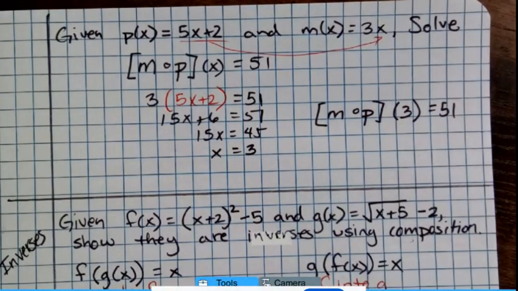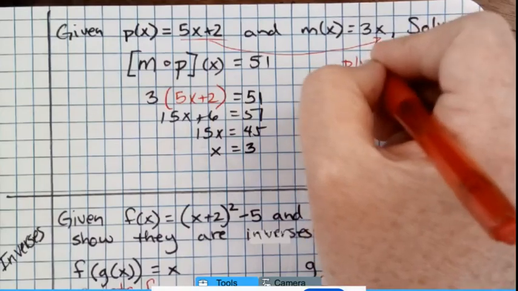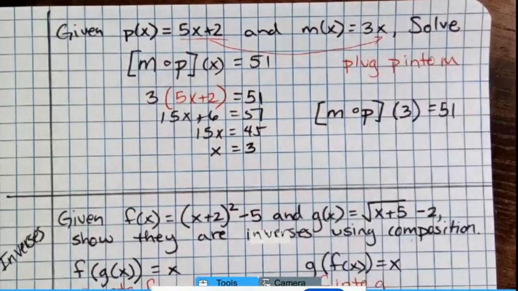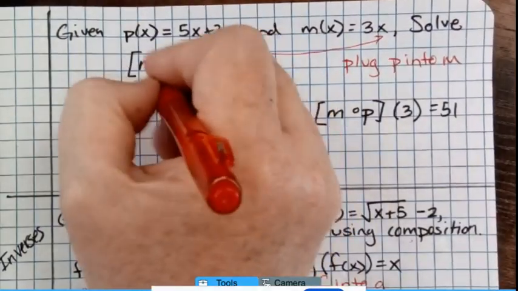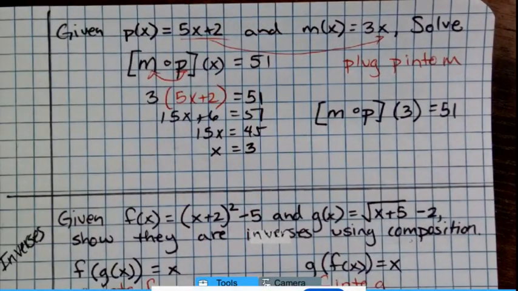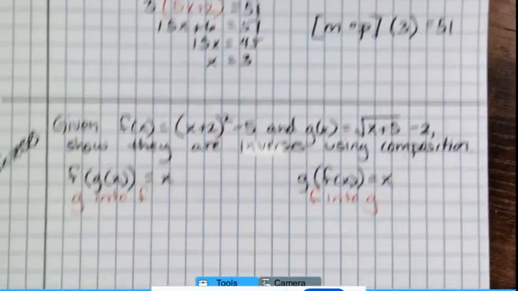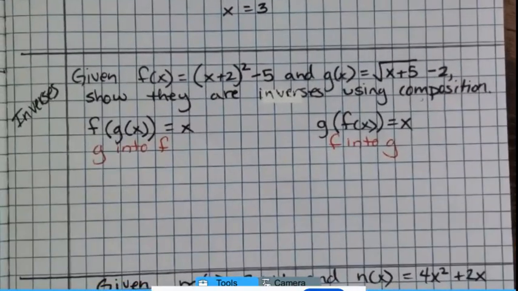And here, just so it's in our notes what we did, we plugged p into m. So p goes into m. Okay? And so this definitely relates to inverses. It's used to prove inverses. So that's what we're going to show right here.